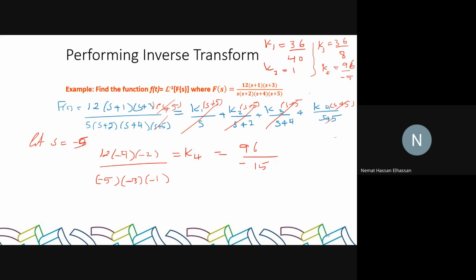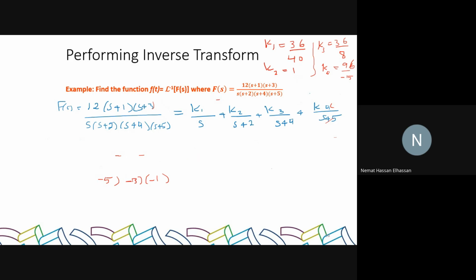Now that we've established the values of K1, K2, K3, K4, can I find the inverse Laplace transform? So I'm going to rewrite this now that we know the values.